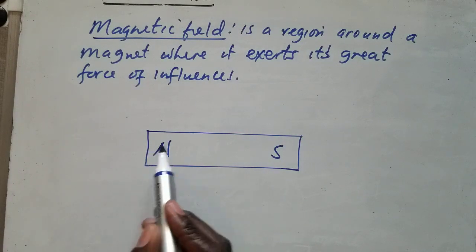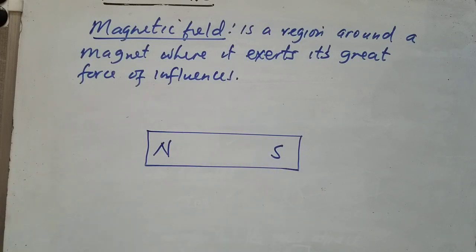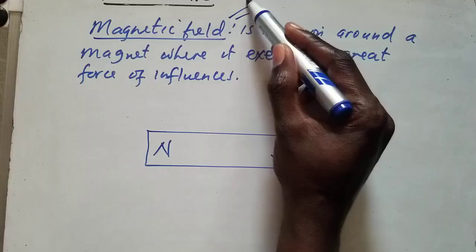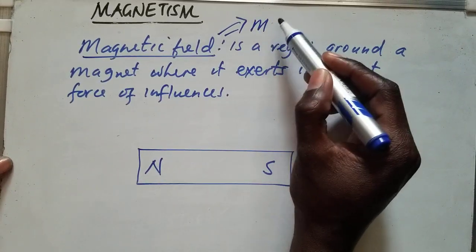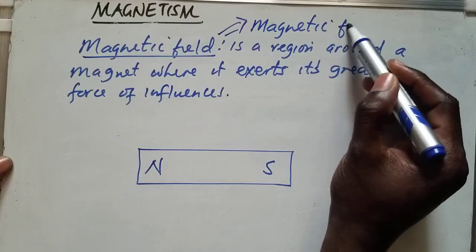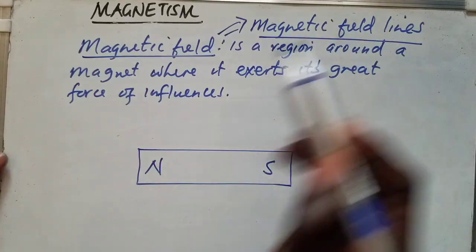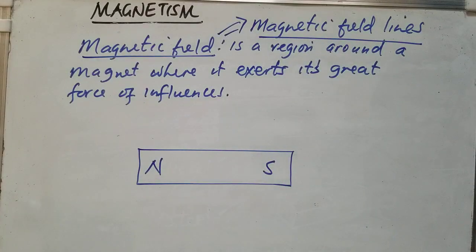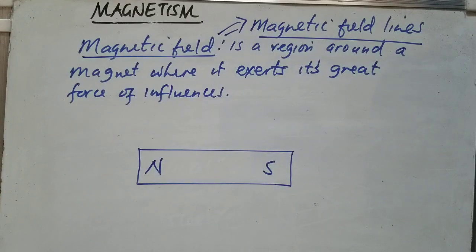Now, if this is a magnet, how do you draw the magnetic field? Magnetic fields are represented by what we call magnetic field lines. They can tell you to draw the magnetic field lines around a magnet.